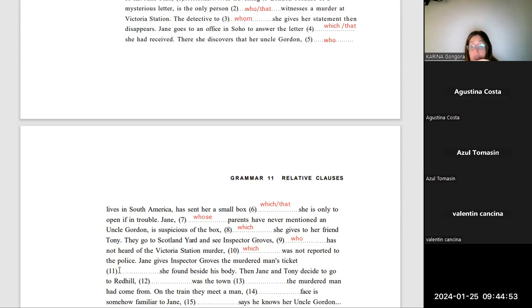So we have three options here. We have which, we have that, and we have blank. Very good for the ones who realized. She found beside his body. Then Jane and Tony decided to go to Red Hill.